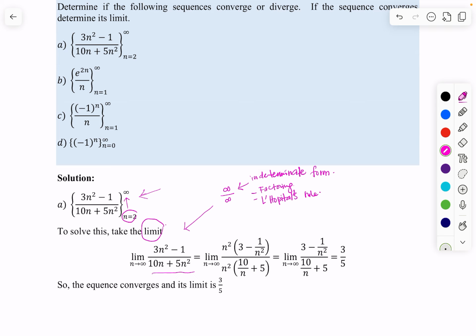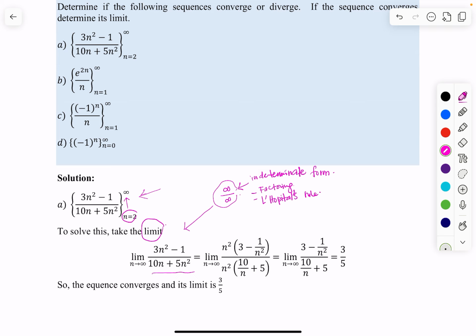If you directly plug in, you get an indeterminate form. So that's why we factor the highest power, n square, outside. We get n square times (3 minus 1 over n square), and for the denominator, we factor n square and get n square times (10 over n plus 5).